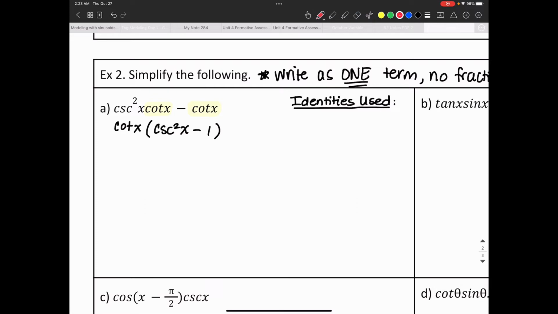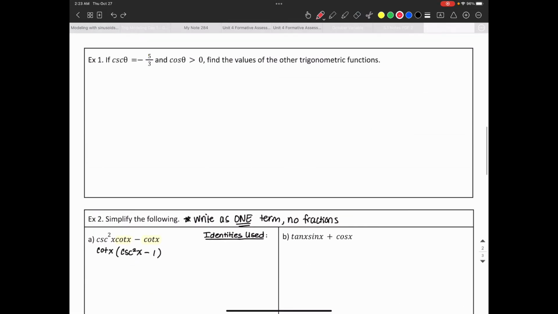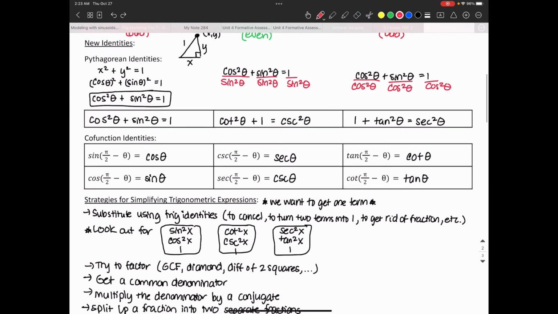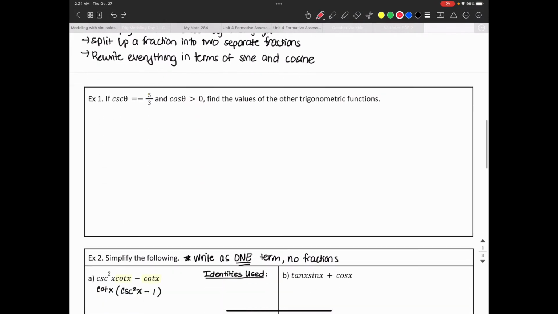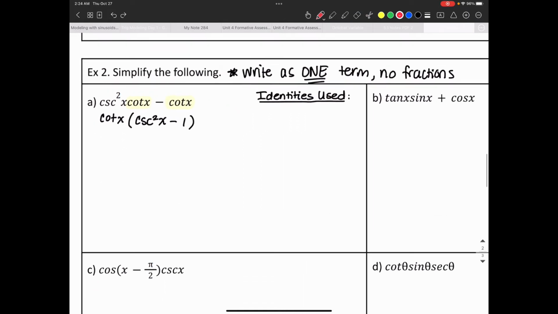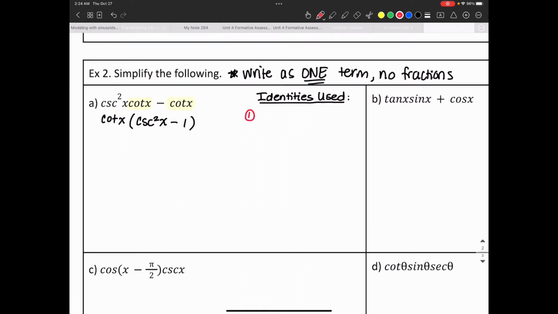I know that if I see 1 and cosecant together, this brings me back to the Pythagorean identity. So I see cosecant squared of theta and I see 1. Maybe I can use this Pythagorean identity to rewrite this. So I can maybe use cotangent squared of x plus 1 is equal to cosecant squared of x.